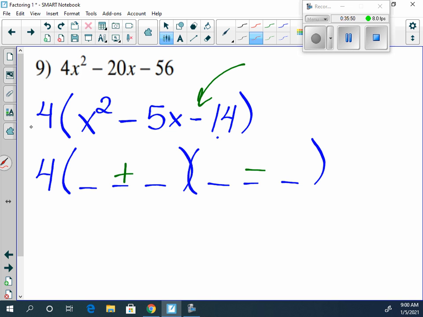Now, step number 4 is to find the factors of the first and third term. The factors of x squared are going to be what? x and x, because the only two things that multiply together to give me x squared are x and x.